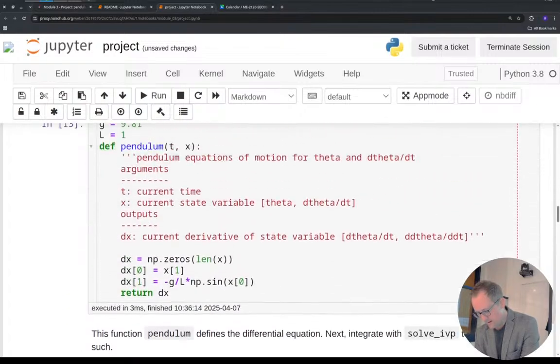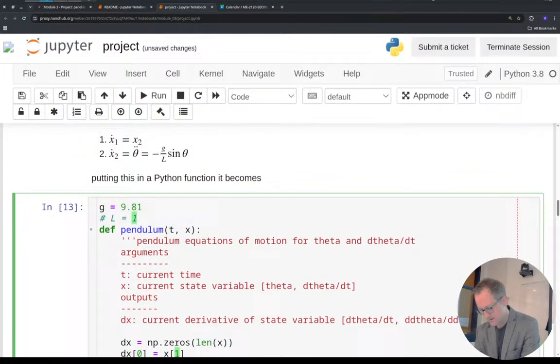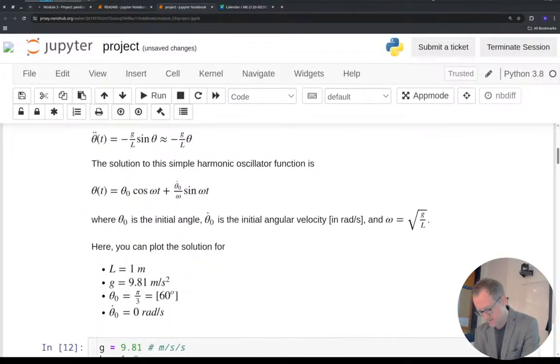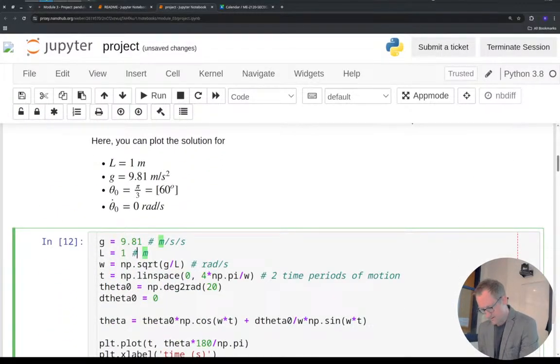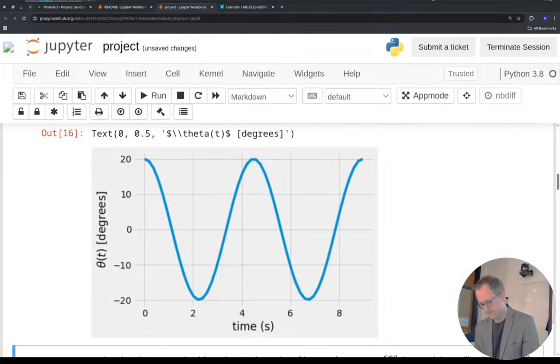But here I have L defined above. So if we made this a 5-meter pendulum, would that throw it off more or make it more accurate? Yeah. So I just made it 5 times longer, but it's still going 20 to -20 for linear.